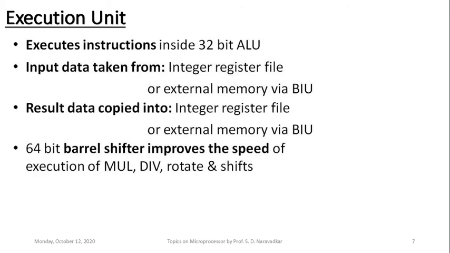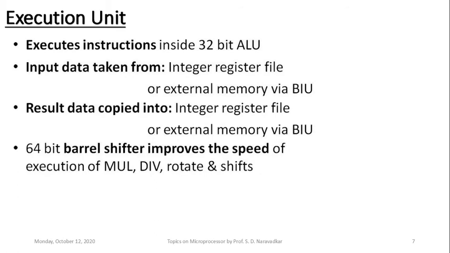Now the question is, why is the size of the barrel shifter 64-bit? It is because in the extreme case, my operands can be 32-bit. For example, a multiply operation, 32-bit multiplied by 32-bit. My product happens to be 64-bit, and this partial product, after internal iterations, needs to be shifted.